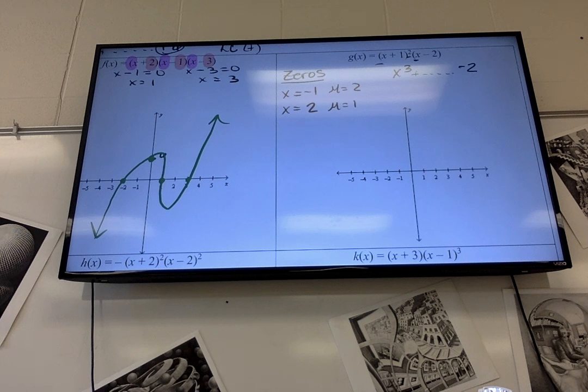So it's odd, so they point in different directions. Leading coefficient is a positive 1. So just like the last one, down on the left, up on the right. And it's going to go through y equals negative 2.